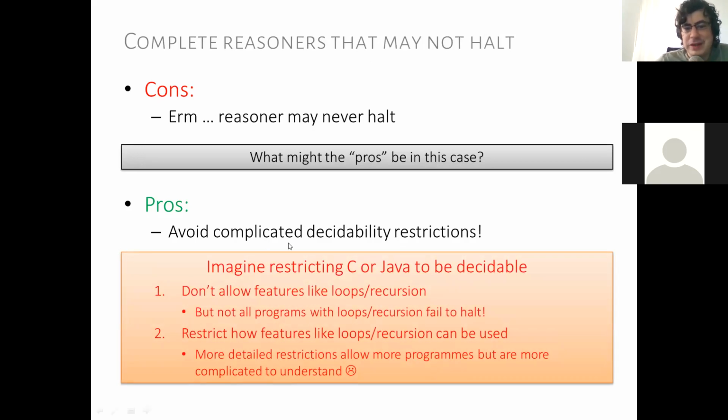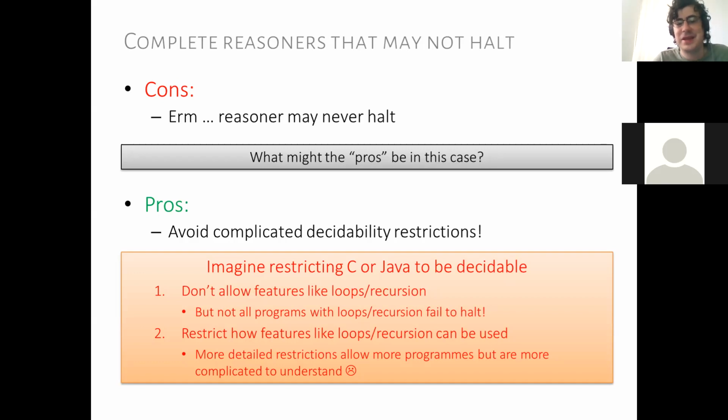So in terms of avoiding the complicated decidability restrictions, it's sort of analogous to if you were to think about restricting a programming language like C or Java or Python to be decidable, and you were to say, okay, we don't want programmers to define things that will never finish or that will never halt. So the first option, if you were to try to restrict a programming language to make sure that the programs in that language always halted, would be to just disable a lot of features.